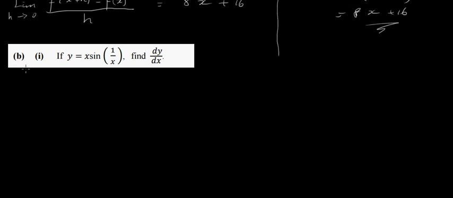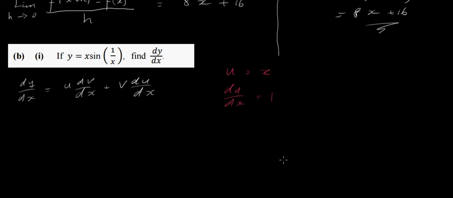So let's do that. We know from, well, it's in your maths tables anyway, dy dx is just going to be u dv dx plus v du dx. Now if we write down the different values here, u here is equal to x, so that means du dx is just going to be 1.